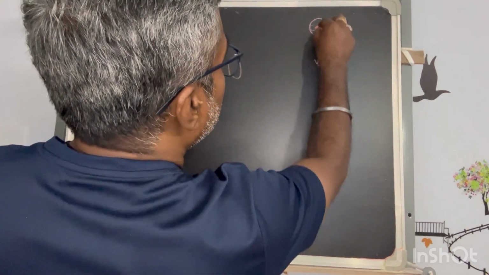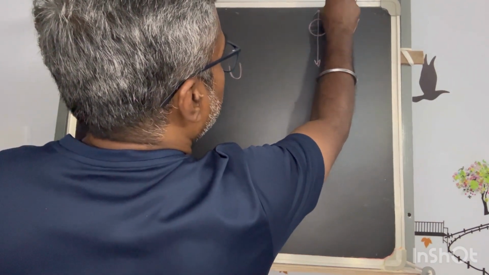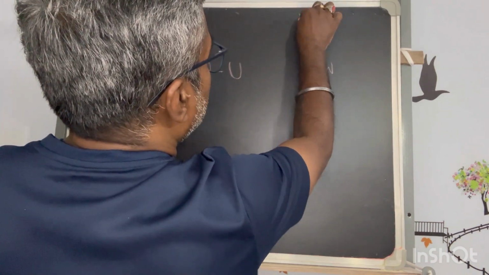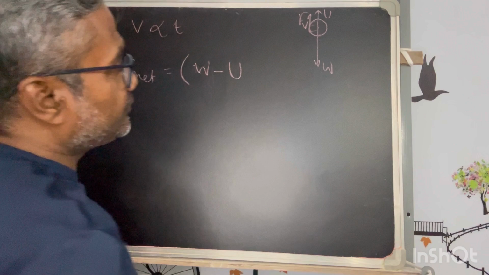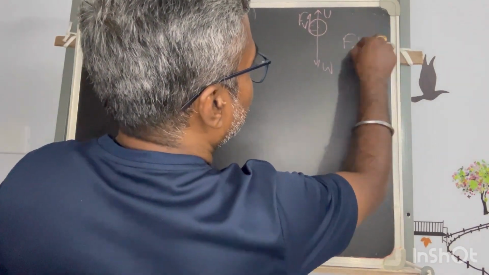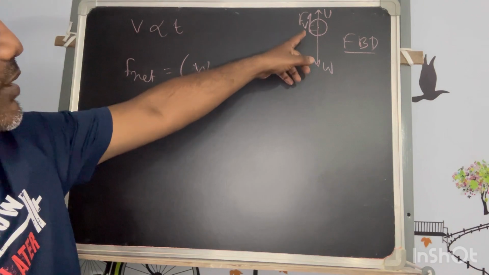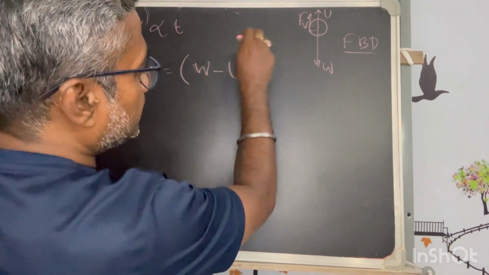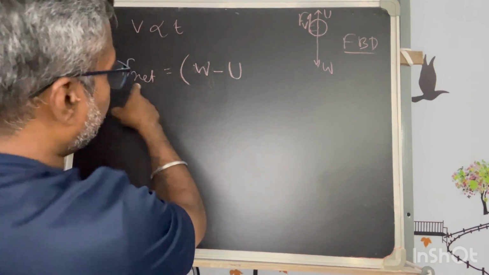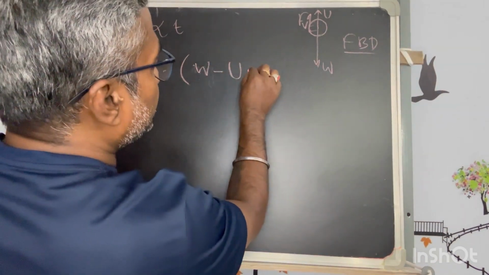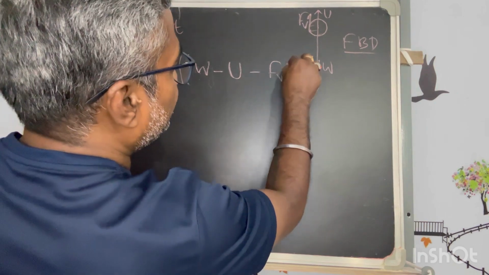This is W at any condition, I'm saying at intermittently any condition, where this is the force balance of the object. If I see the free body diagram and do the force balance, W is downward till it is moving down with a net force where it will get accelerated, W minus U minus Fv. This is the net force.